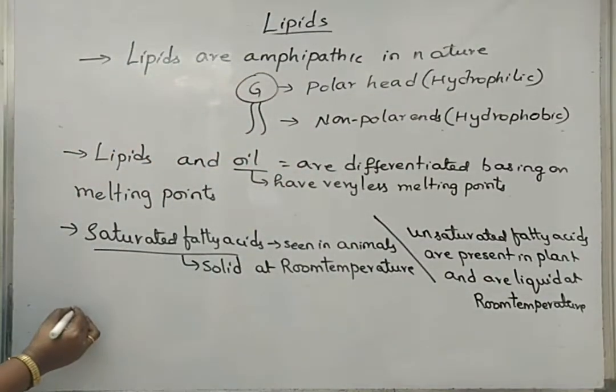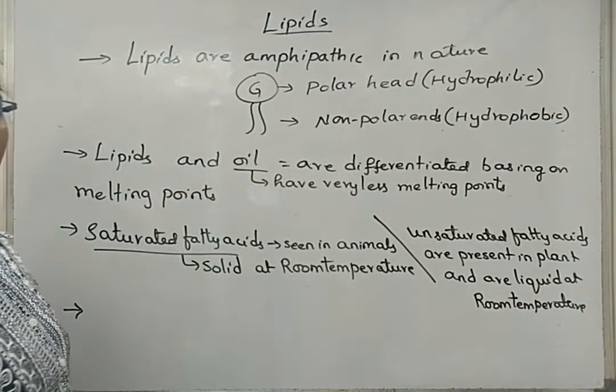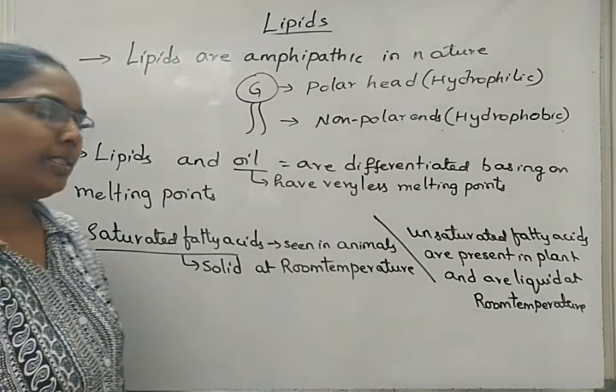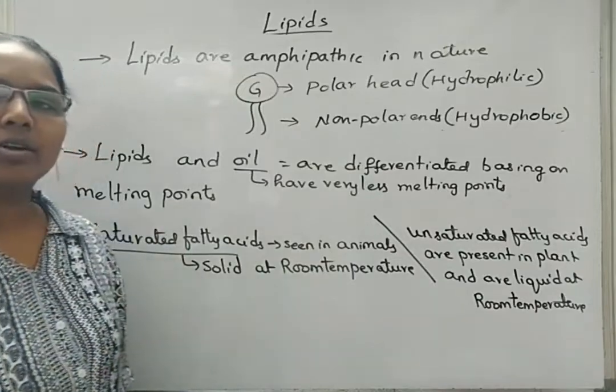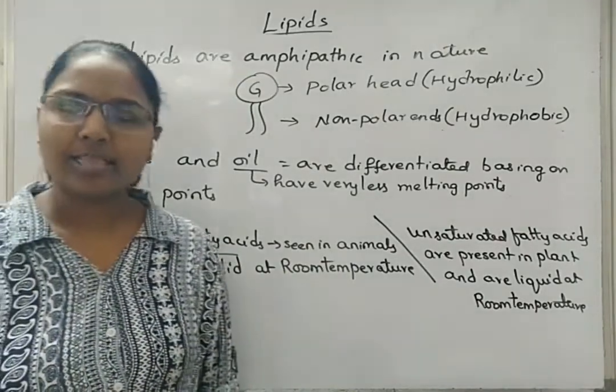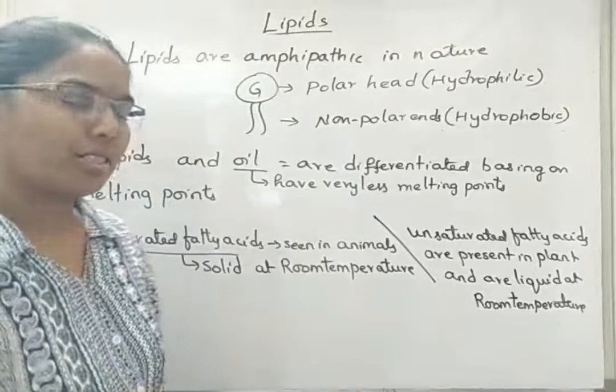We have also seen the terms true lipids or neutral lipids. They are accumulated around the visceral organs and protect them from external shocks.